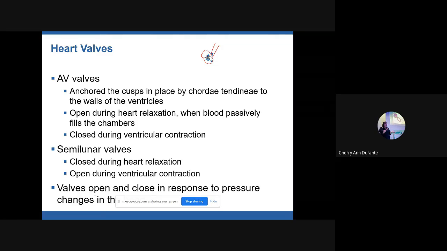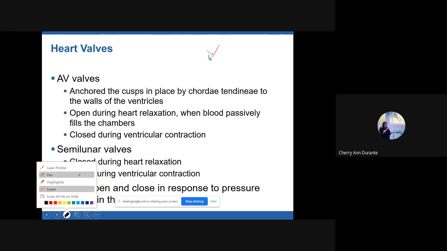So, in the pumping mechanism of the heart, let's go back to the chamber. This one should now be closed, because the blood is already here. So that when it pumps, the blood goes straight to the lungs. This one will open, the pulmonary valve.